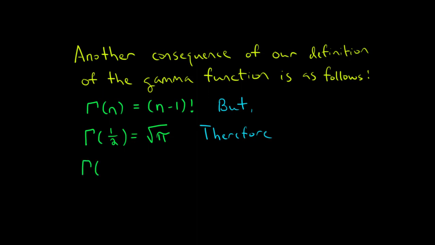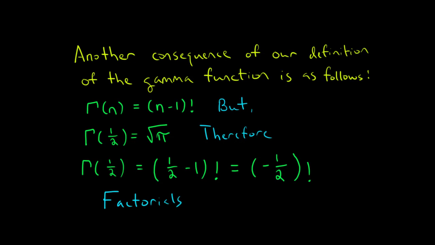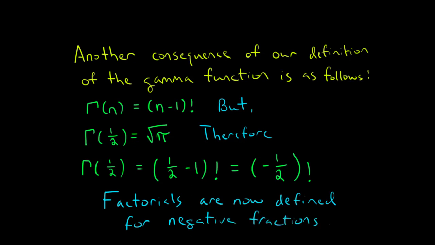Therefore, we would write gamma of 1/2 equals 1/2 minus 1, close parentheses, factorial, or negative 1/2 factorial. In other words, we've just extended the definition of factorials to include negative fractions. Again, factorials are now defined for negative fractions. So that's pretty cool. So let's see how this works.